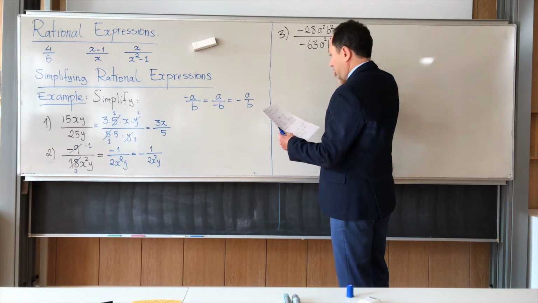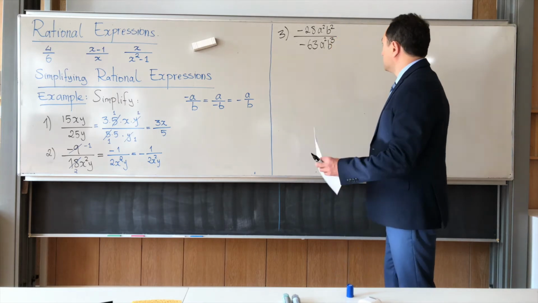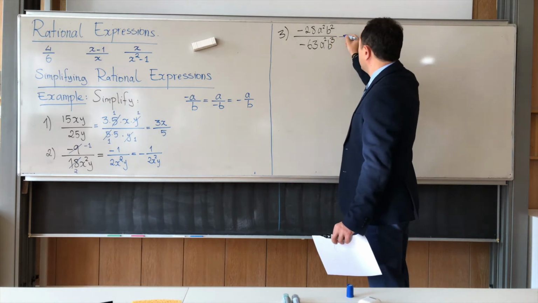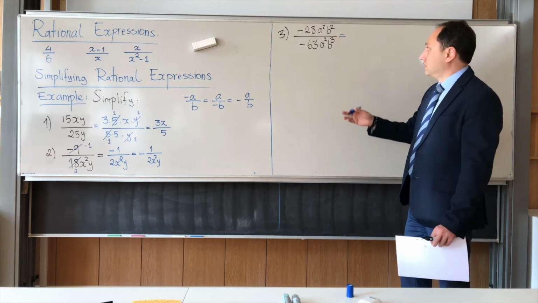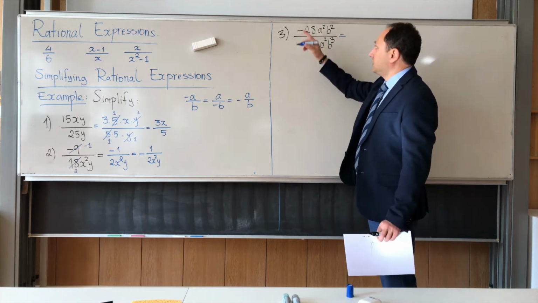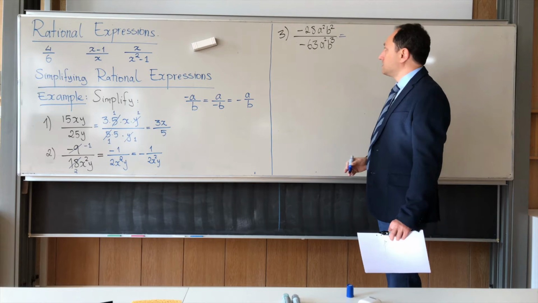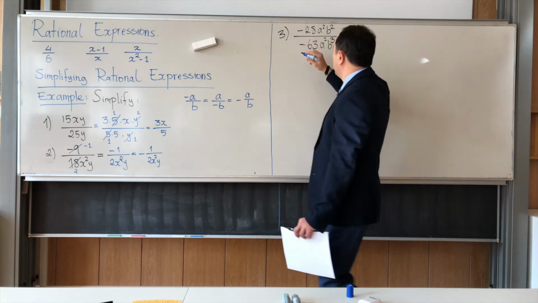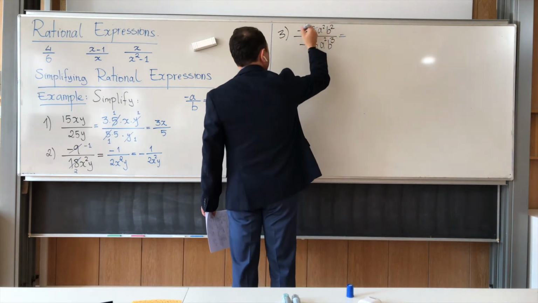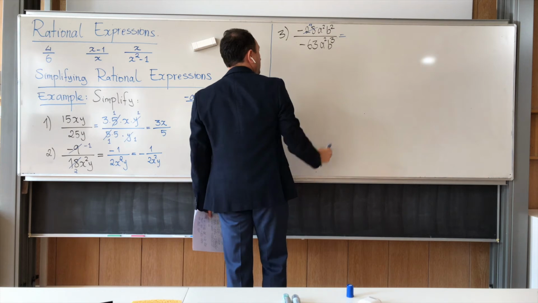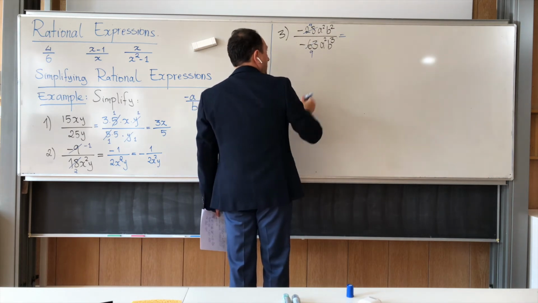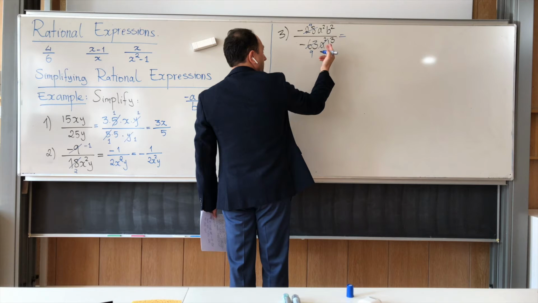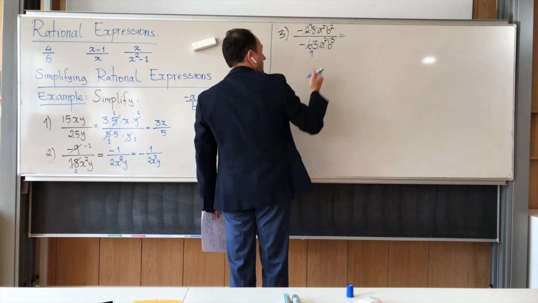I want to simplify this for the same reasons. It's already written in product form, it's factorized. First of all, this negative sign and that negative sign cancel when I divide, and 28 and 63 can be simplified by 7. If I divide 28 by 7, 4 is left. If I divide 63 by 7, 9 is left. And a squared over a squared is totally gone.